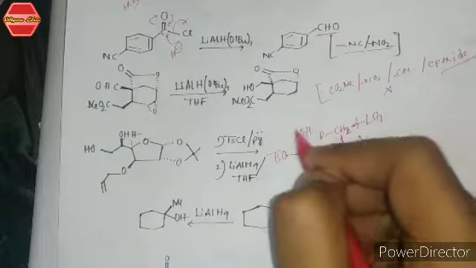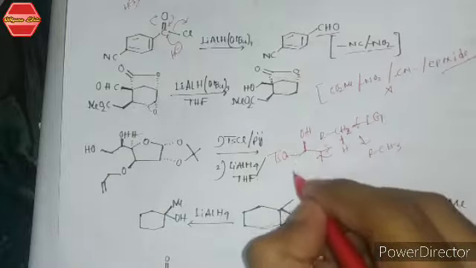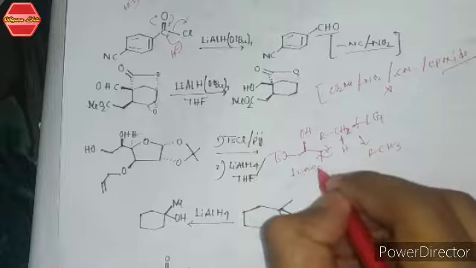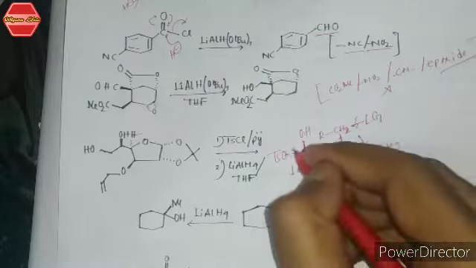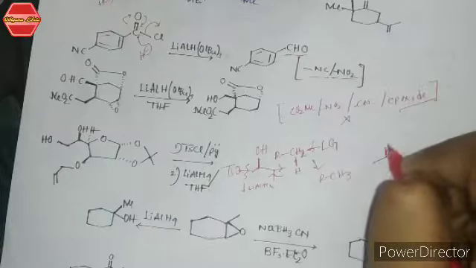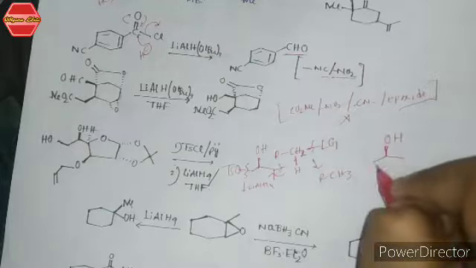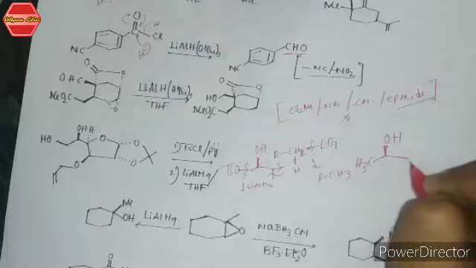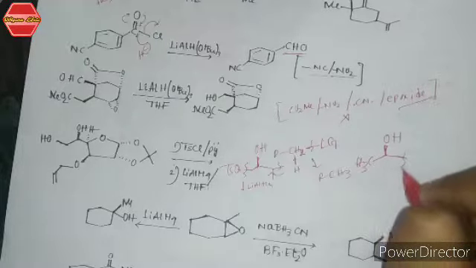So if this is the OTs, and if we use lithium aluminum hydride on this system, then this bond is cleaved, and you get the final product, that is CH3, and all the rest of the parts are there. Okay, so this is your final product. This is the importance of this reaction.